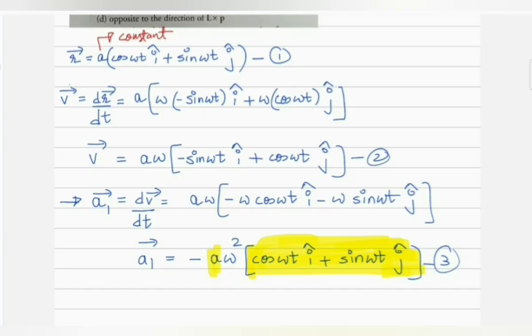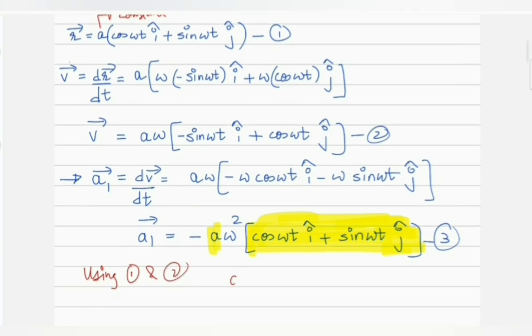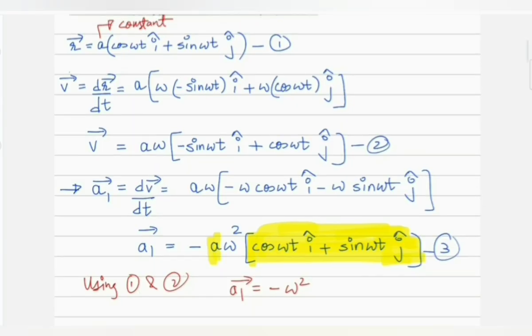So what I can do now? I can use equation number 1 and 2. Using equation number 1 and equation number 2, can I say acceleration a1 vector will be minus omega square multiplied by, the term I just highlighted in yellow, A times cos omega t i cap plus sin omega t j cap, which is your equation number 1 only.